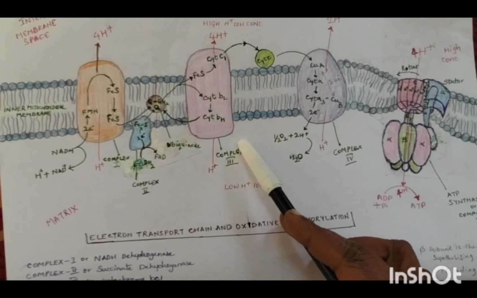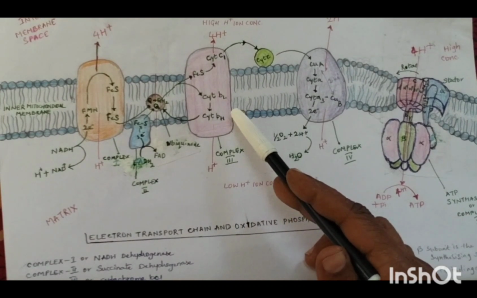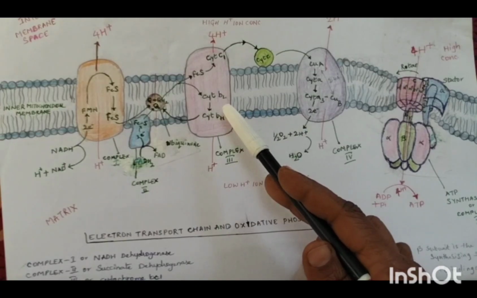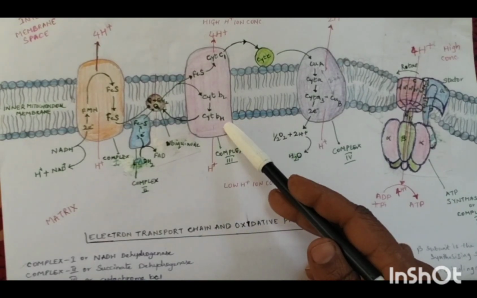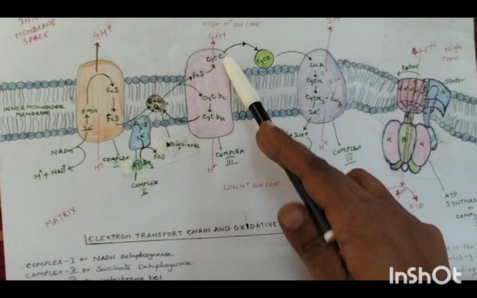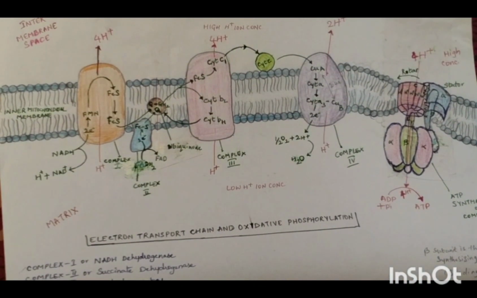The bc1 complex consists of 3 common subunits: cytochrome b, which has bL or b566 and bH or b562, cytochrome c1, and the iron-sulfur cluster, a 2Fe-2S cluster. Complex 3 pumps protons from the matrix to the intermembrane space via the Q cycle, a type of redox loop.